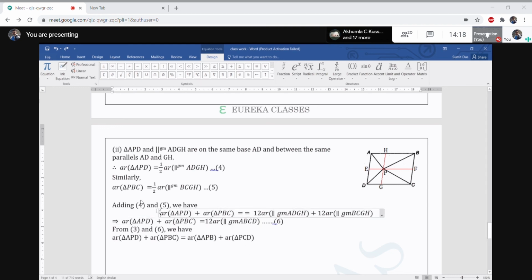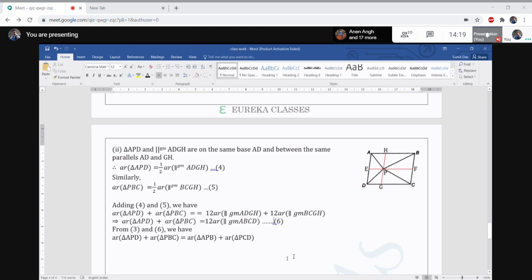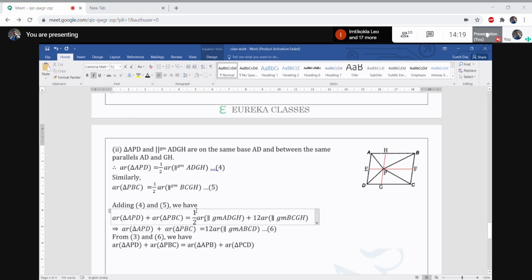So if we add number 4 and 5, on the left-hand side it will be APD plus PBC, these two triangles added. Now the right-hand side will be half of parallelogram ADGH and half of parallelogram BCGH.